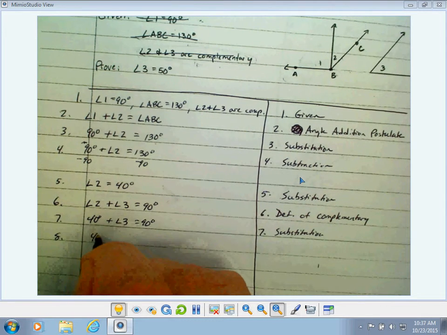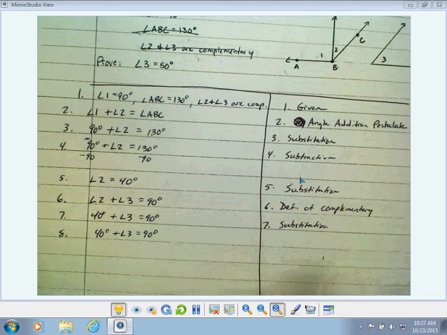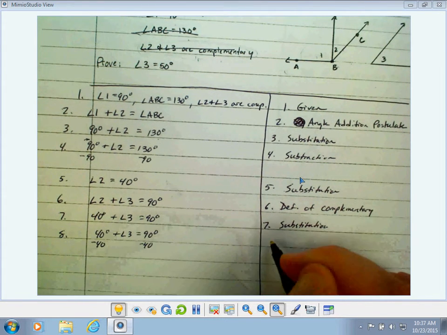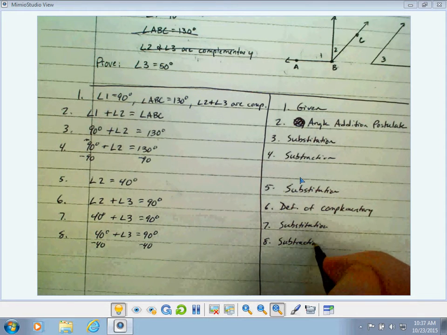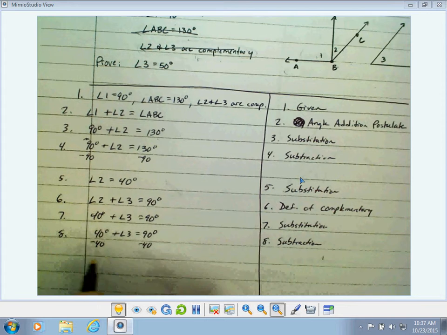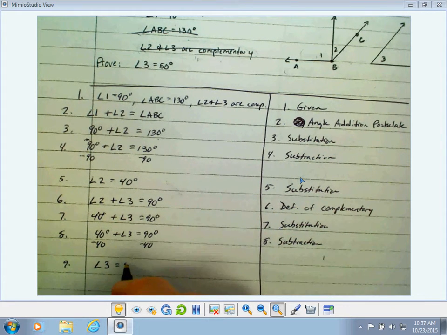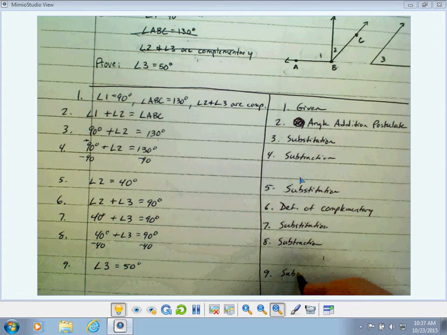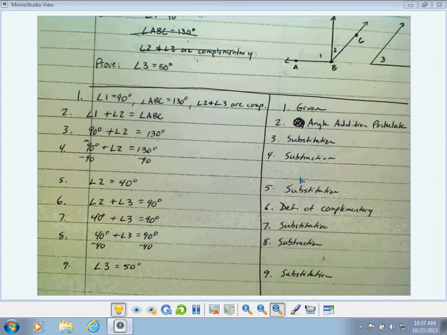So I'll rewrite it, but I'm going to show that I'm subtracting 40. That's subtraction. And when I'm done, step number 9, I see that that's equal to 50 degrees. And that's substitution. And that one's done.